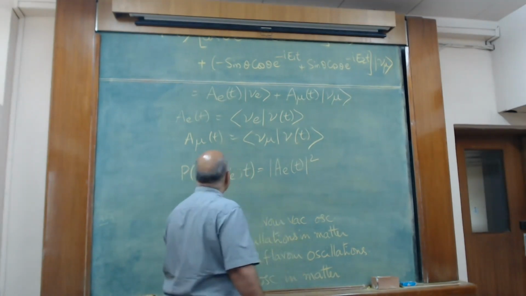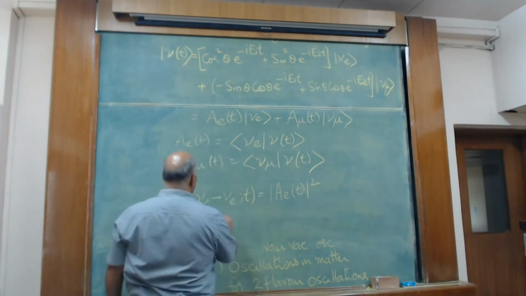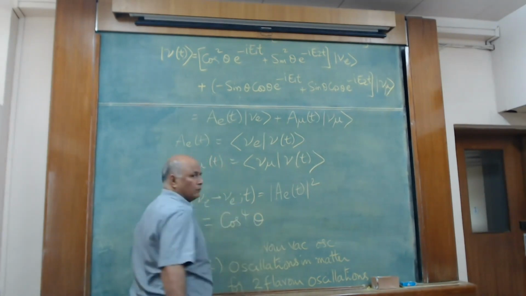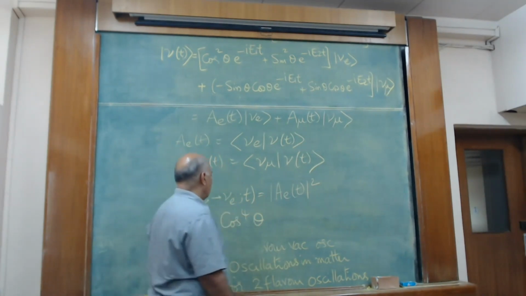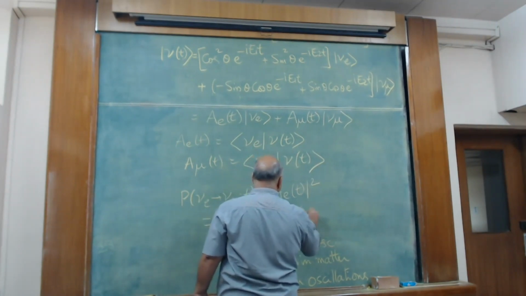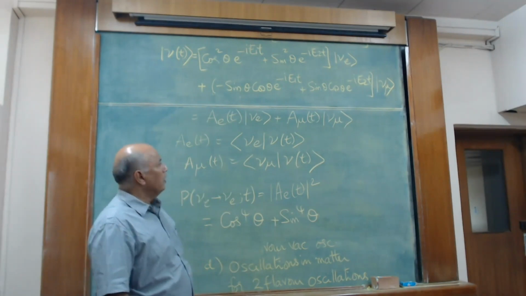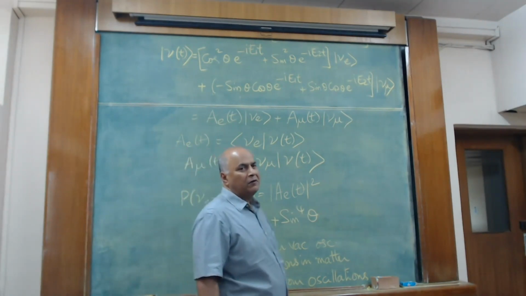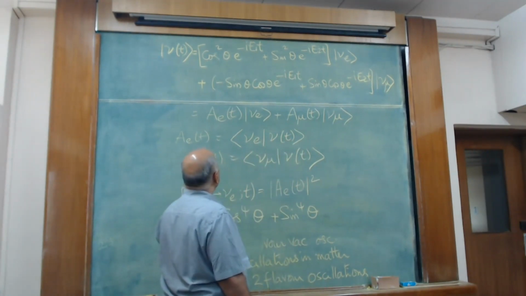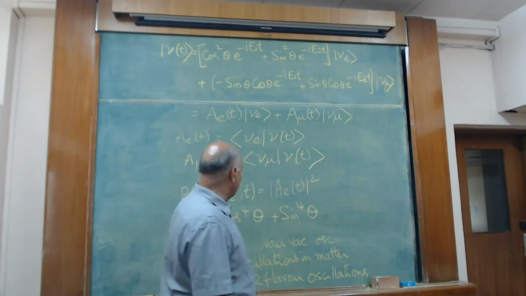So from the first term we get cos power 4 theta. From the second term we get sin power 4 theta, and then there is an interference term, and the interference term is twice the complex conjugate of the first term times the second term.